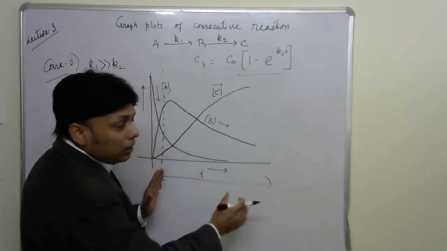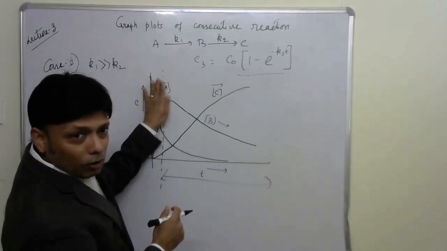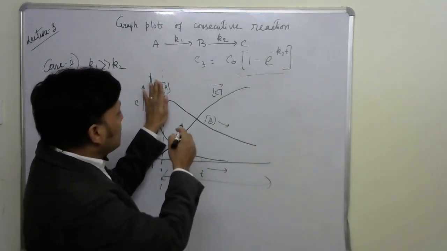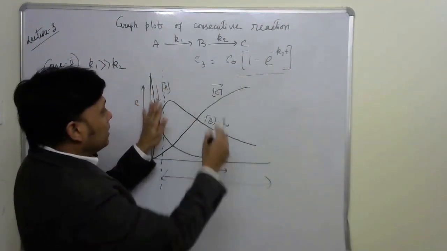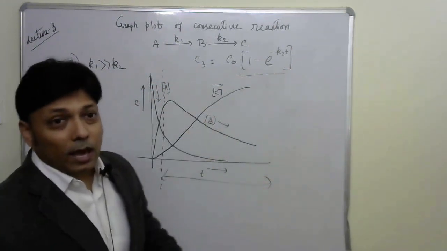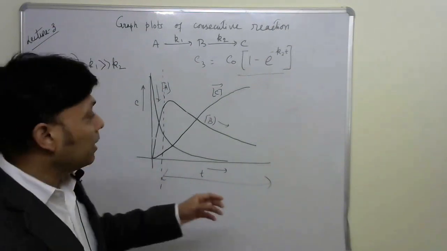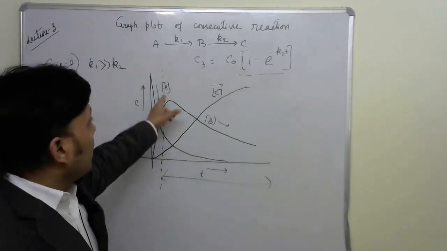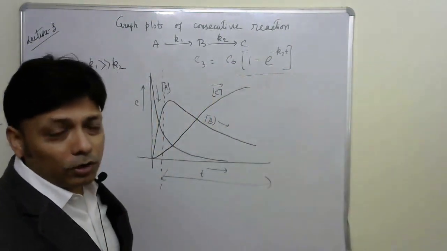This is the prevailing part. If we cover this part, it would appear that this is just the second step, B decaying and C growing, and this is the characteristic reflected in the graph plot.